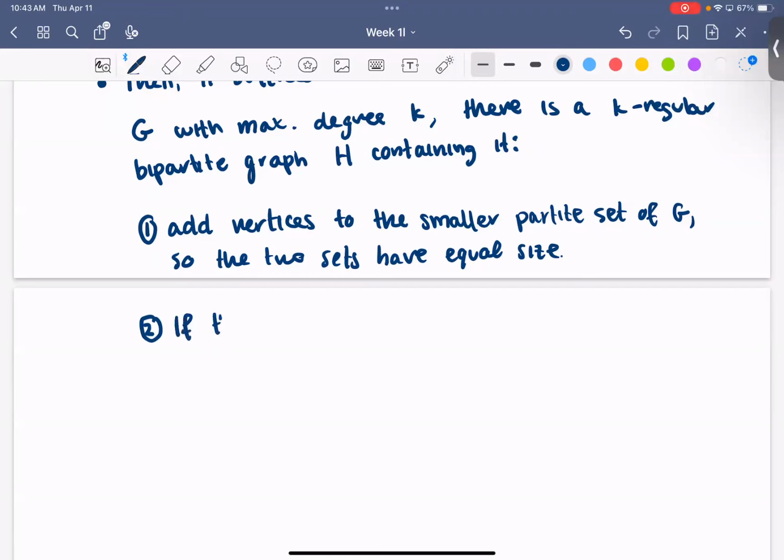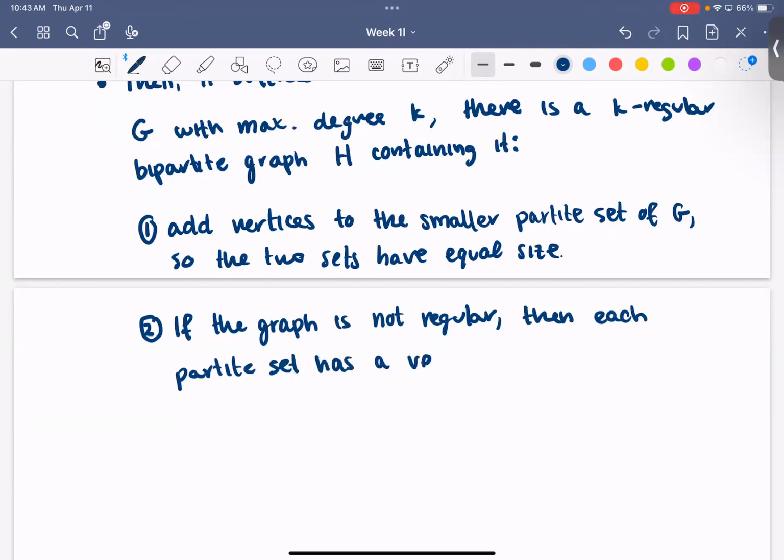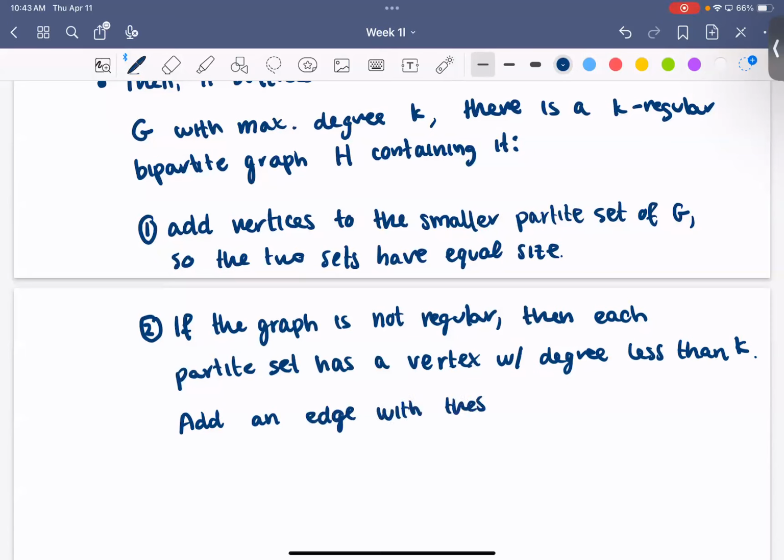If the graph is not regular, then each partite set has a vertex with degree less than K. So we'll add an edge with those two vertices as endpoints, and we'll repeat step 2.